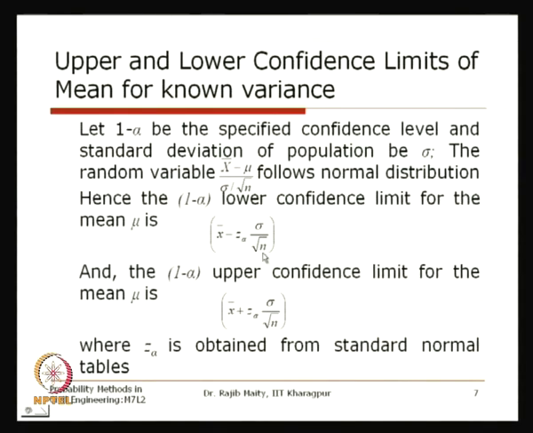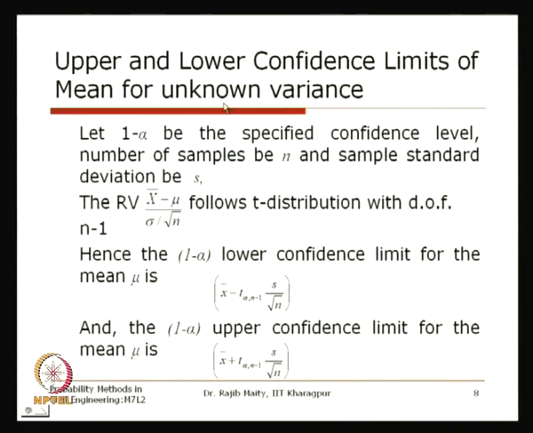Here also the population standard deviation sigma is known, so it follows the standard normal distribution, and instead of z alpha by 2, we are using z alpha. The upper limit is x bar plus z alpha sigma by square root n, as we have just shown through the pictorial representation, where z alpha is obtained from the standard normal tables.